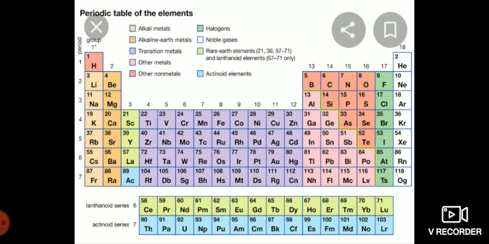The elements are placed in periods based on the number of shells in their atoms.